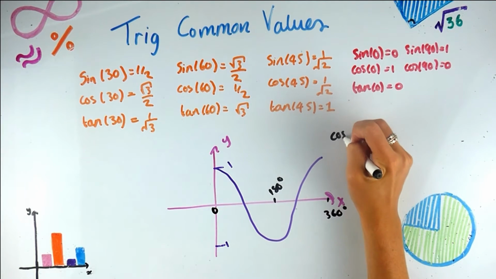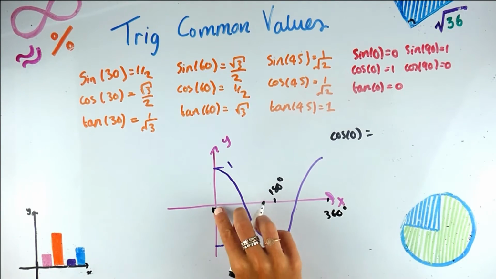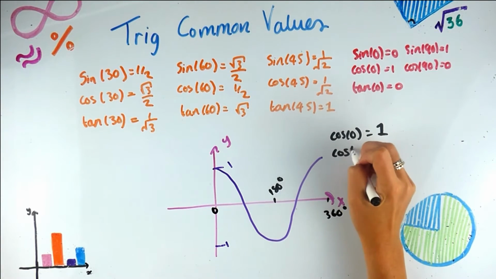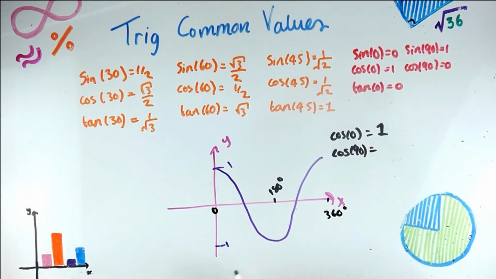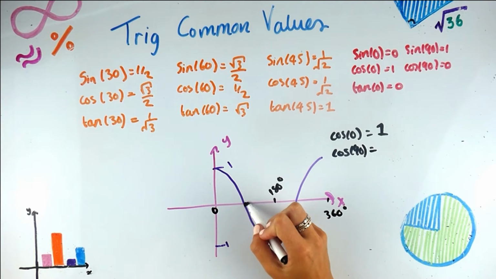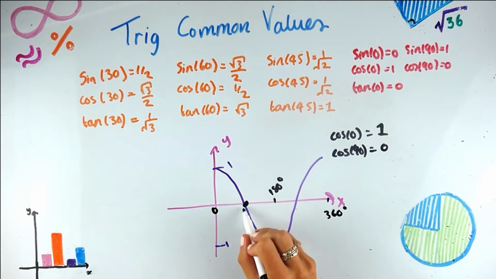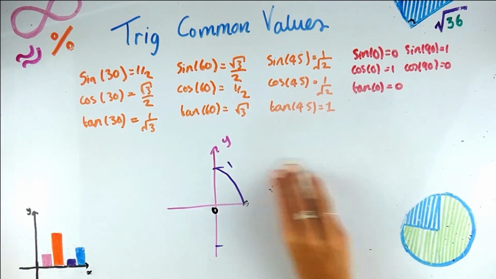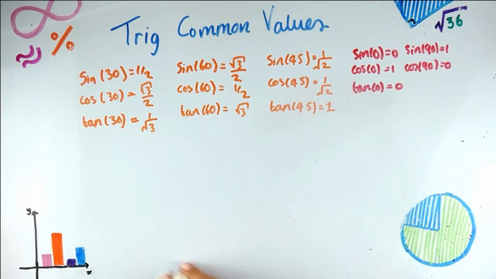So cos of 0, when it's 0 on the x-axis, is 1. And cos of 90, halfway between 0 and 180, is this halfway point here, and we can see that that is 0 from the y-axis. So that's how you can get those, just by doing a quick sketch of the graph if you can't remember them, or remember them if you want.